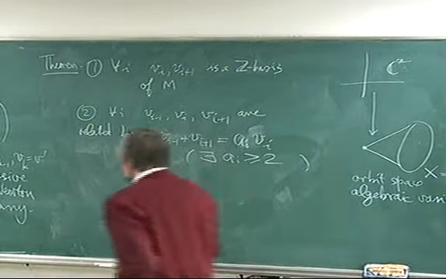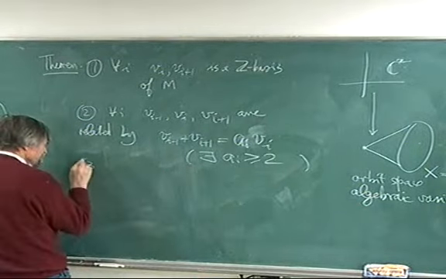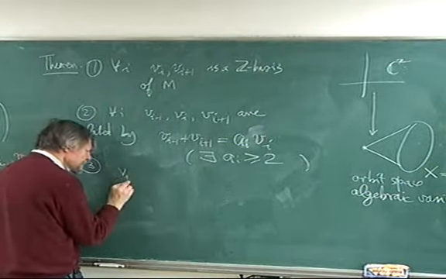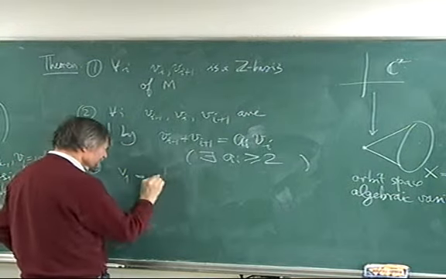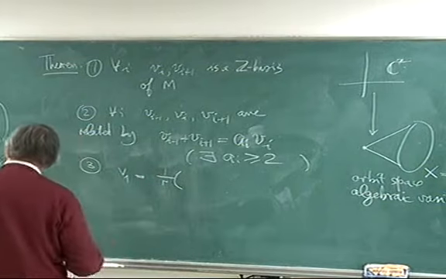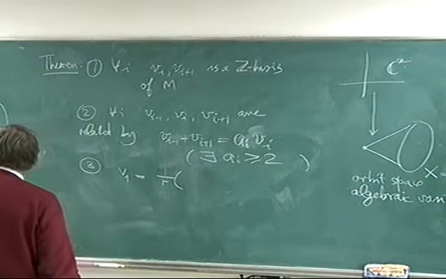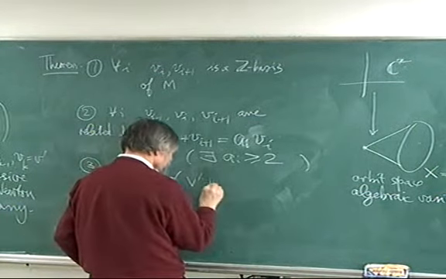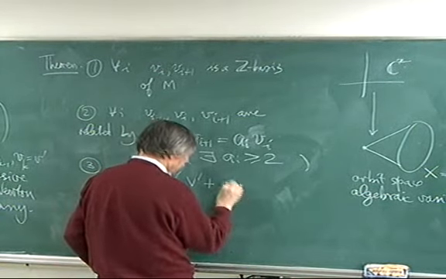Statement 3. V1 equals 1 over r of (v prime plus r minus a).